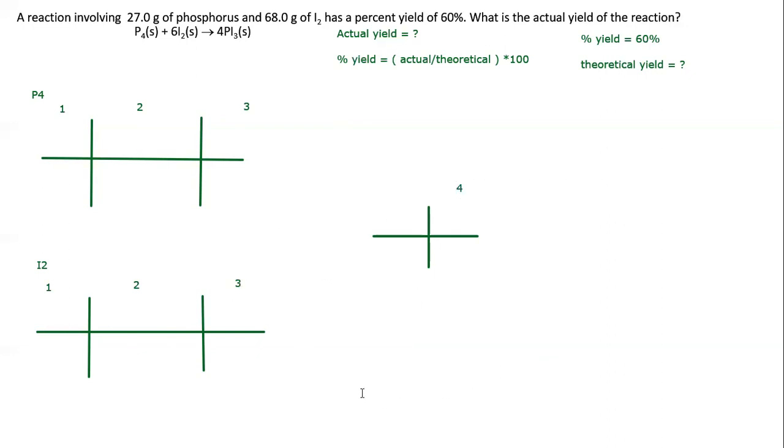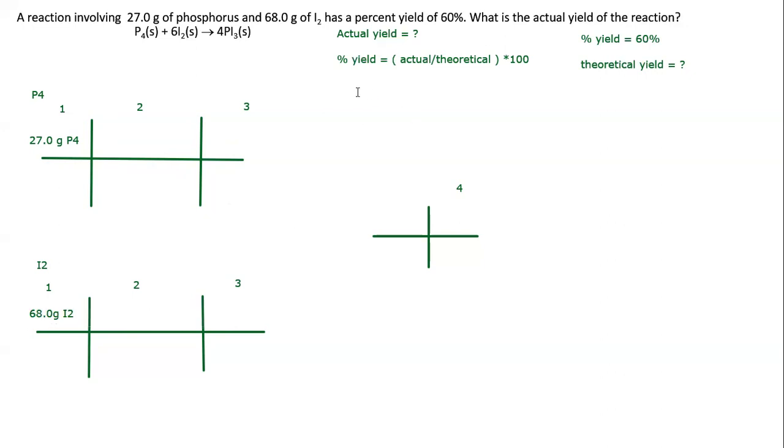So again, slot 1 is probably like a broken record by now, but slot 1 is the mass of each reactant: 27 grams of phosphorus, 68 grams of I2.